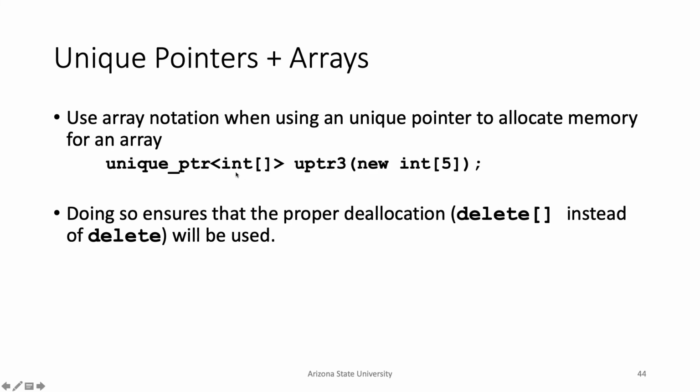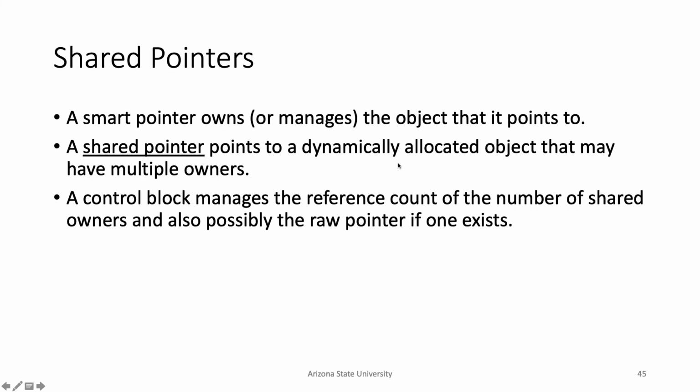Instead of putting a type here, you can put an array with a type if you wanted to. The cool thing is that it'll call the square bracket delete for arrays versus the normal delete. So it'll do the right thing, but remember, make unique is better than calling a unique pointer with a new here, for the reasons I've said before.